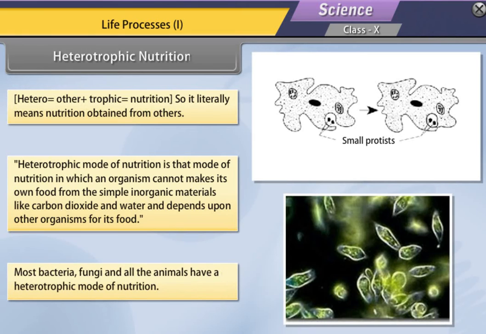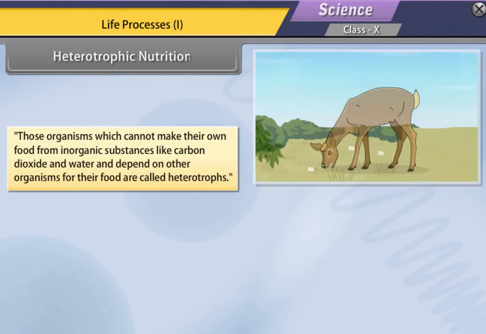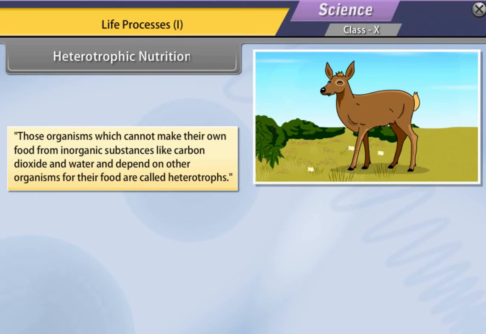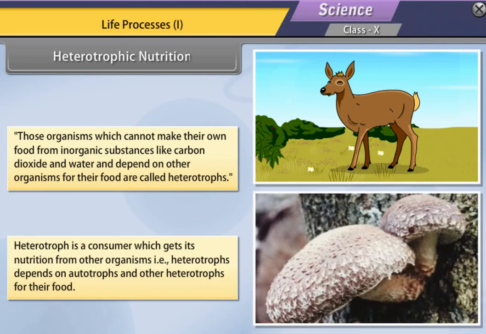Most bacteria, fungi, and all animals have a heterotrophic mode of nutrition. Those organisms which cannot make their own food and depend on other organisms for their food are called heterotrophs. A heterotroph is a consumer which gets its nutrition from other organisms. That is, heterotrophs depend on autotrophs and other heterotrophs for their food.